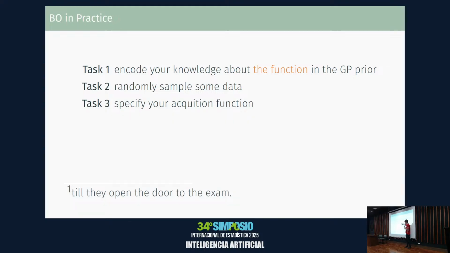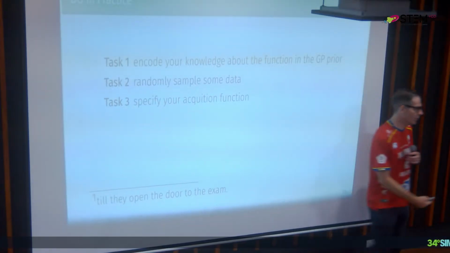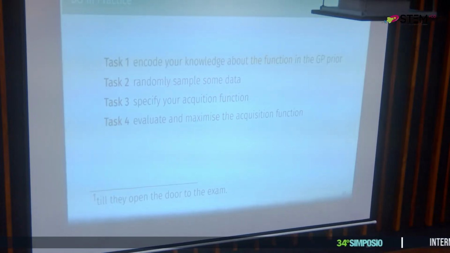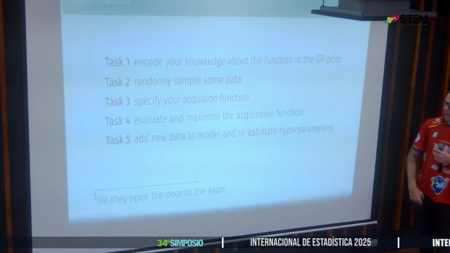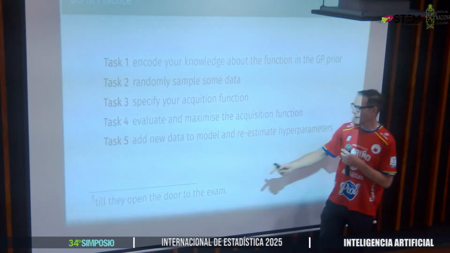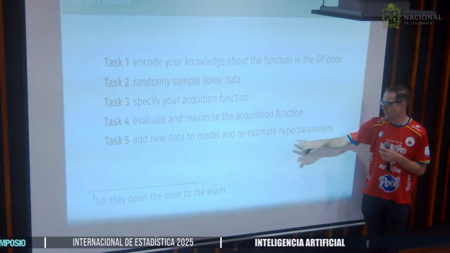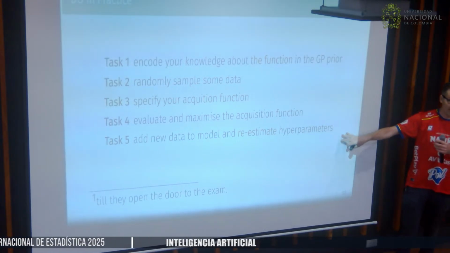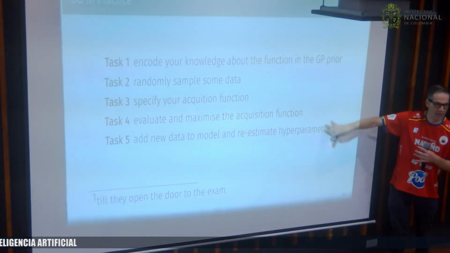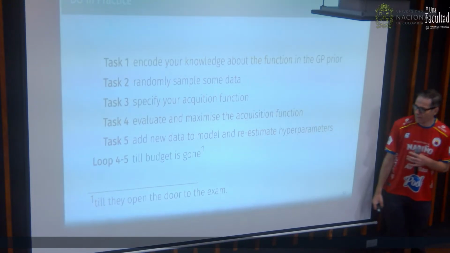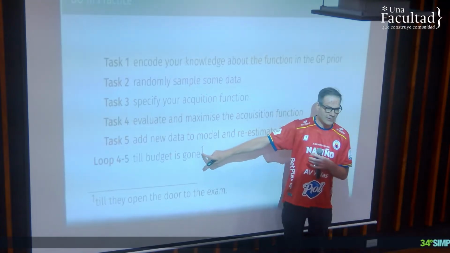So here, it's often good to have your function, but also have a human in the loop. And then you evaluate, you maximize your acquisition. That means you get new data, and you re-estimate hyperparameters or all the things you have. You do your whole machine learning loop here, and then you loop this thing until your budget is gone.